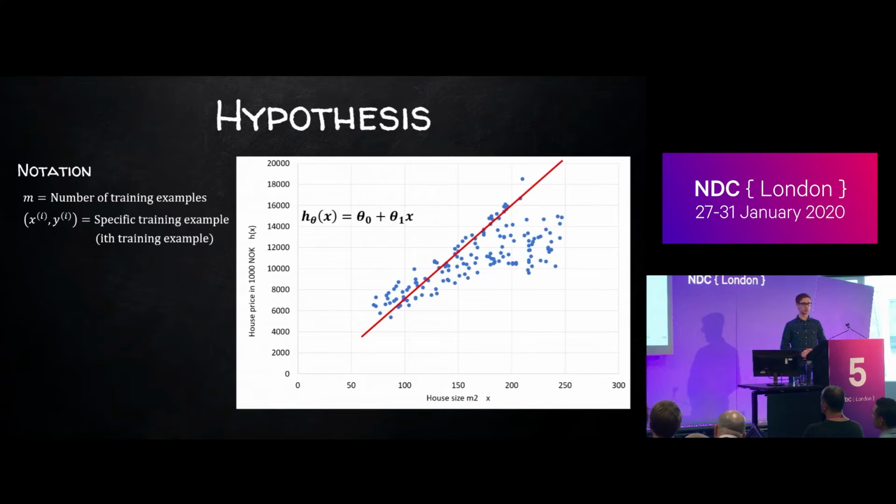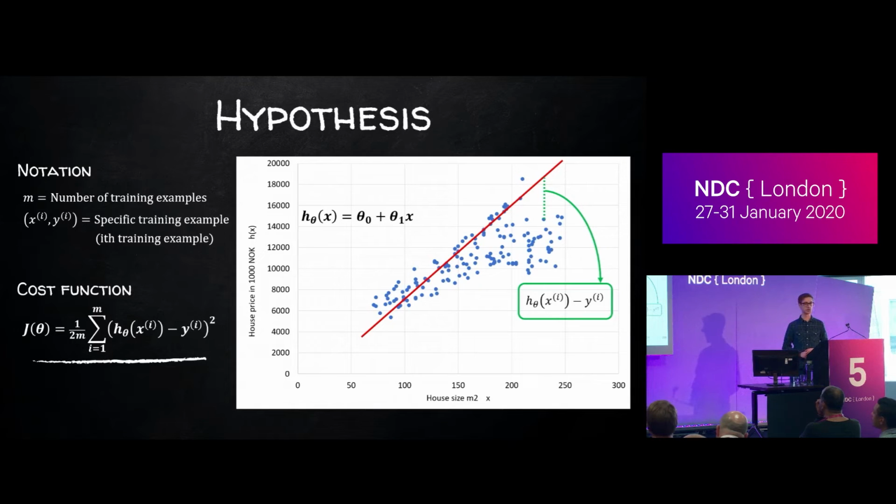In doing so, when we're going to find these theta values, we introduce a notation where m is equal to the number of training examples and (x^i, y^i) is a specific training example. We also need to find the cost of a single training example. We see that here. And from that, we get the cost function.